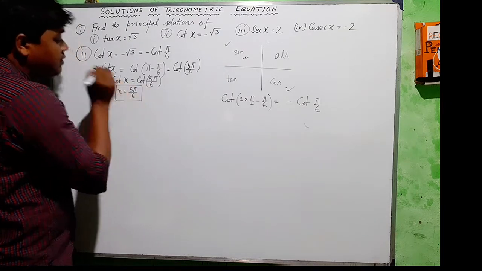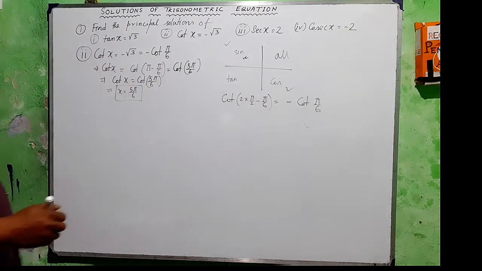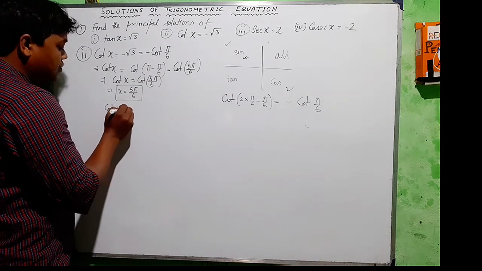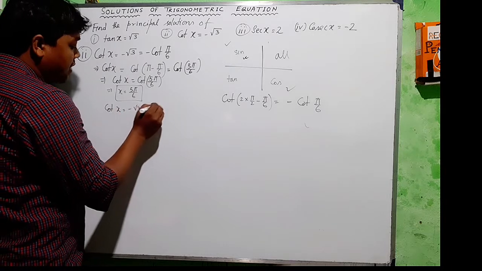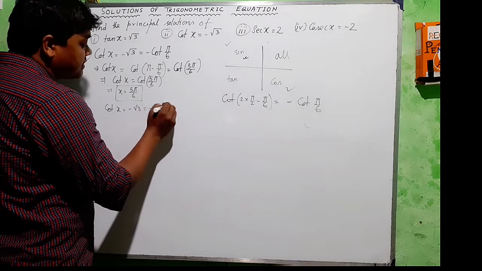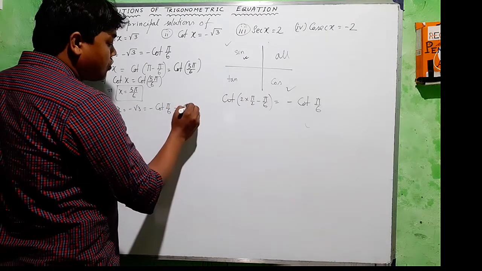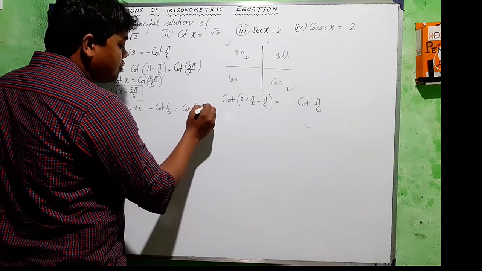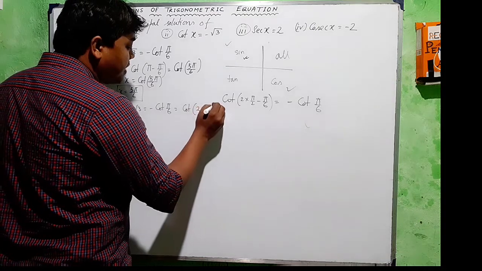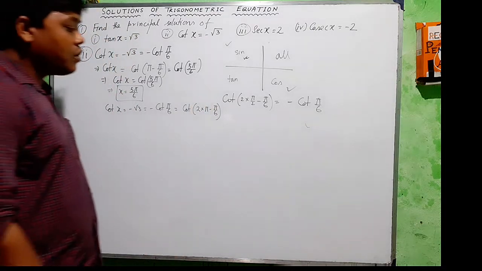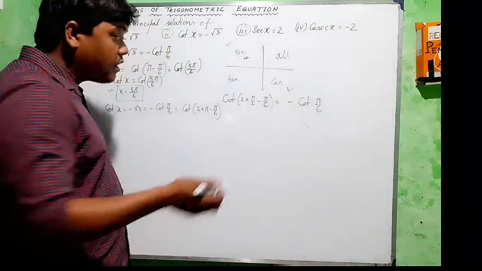Any other solution? Okay. So similarly, cot x equals minus root 3, and that is minus cot pi by 6. In a similar fashion, we can say cot of 2 pi minus pi by 6. Why? Cot is also negative in the fourth quadrant.